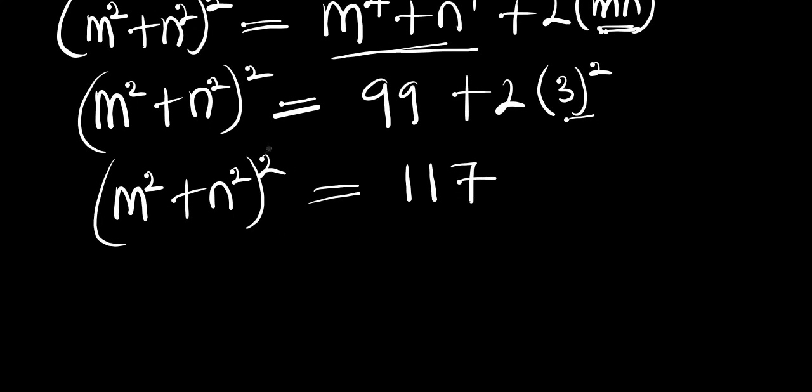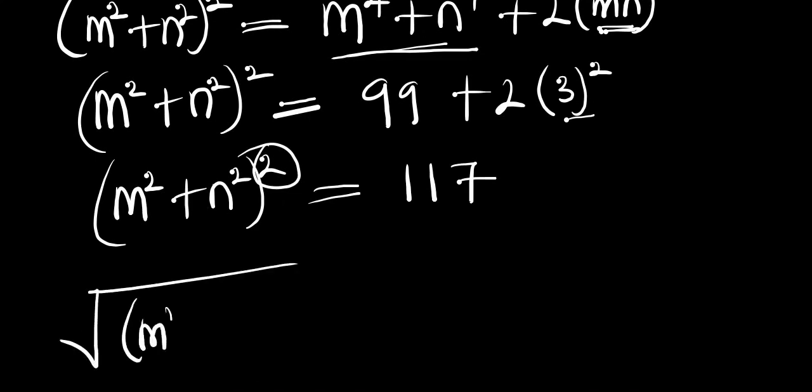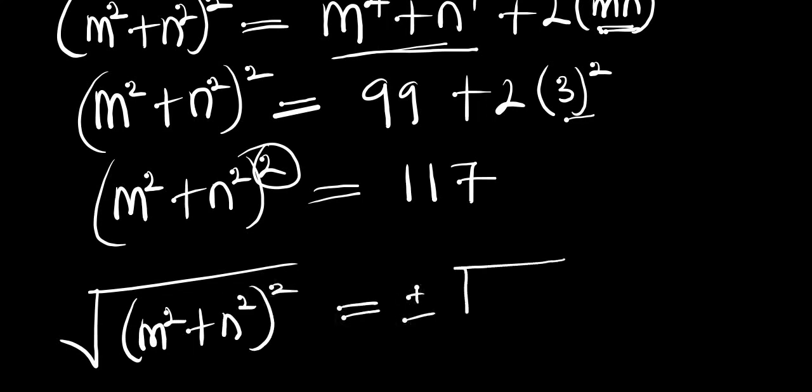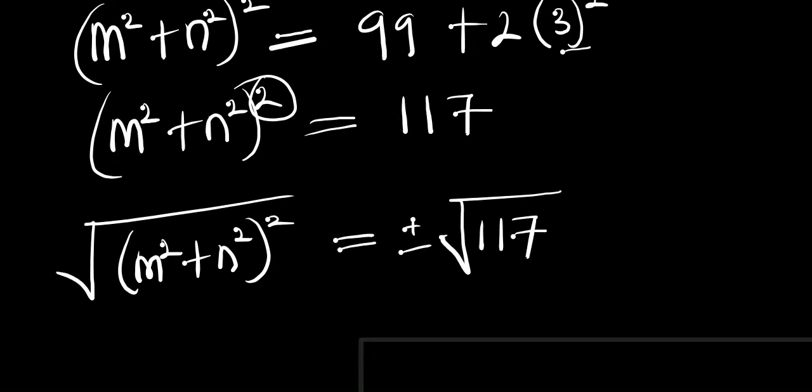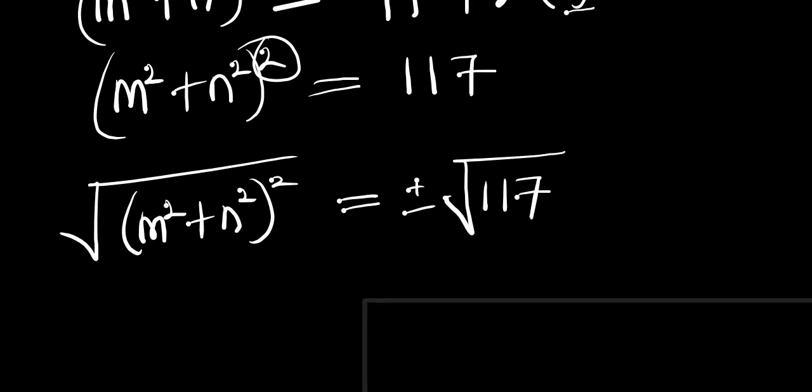In order to eliminate this square, we can take the square root of (m power 2 plus n power 2) all power 2, which gives plus or minus the square root of 117. This cancels the squares.